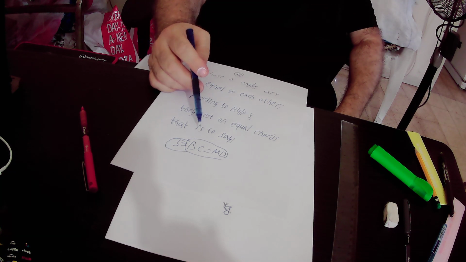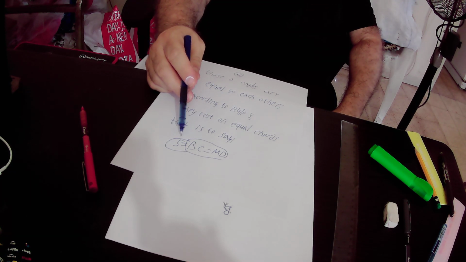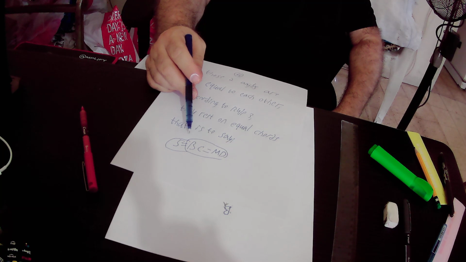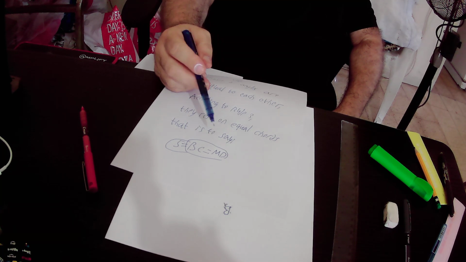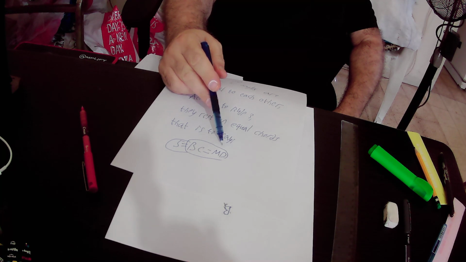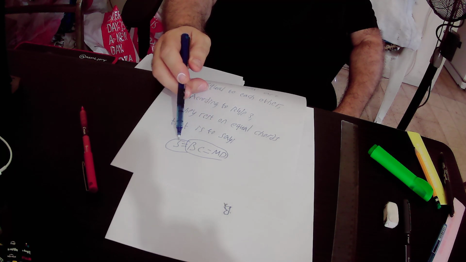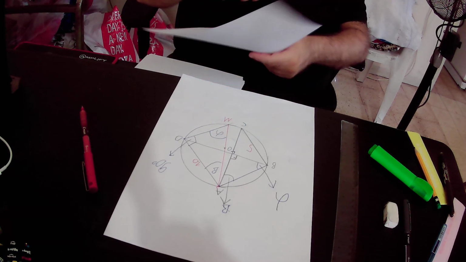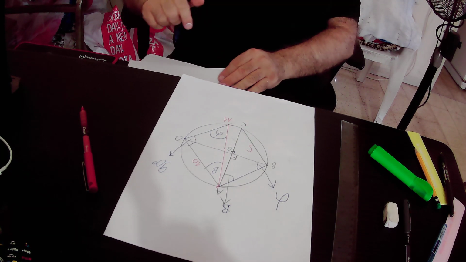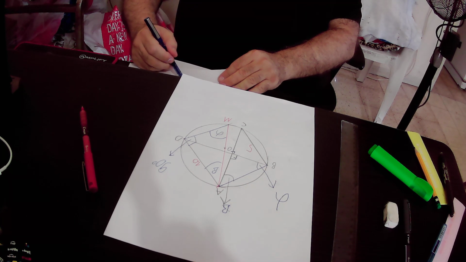It is given us in the question that BC equals to 5 units. And we found out that BC equals to MD. So we can deduce from this equality that MD also equals to 5 units. Okay? So MD equals to 5 units.